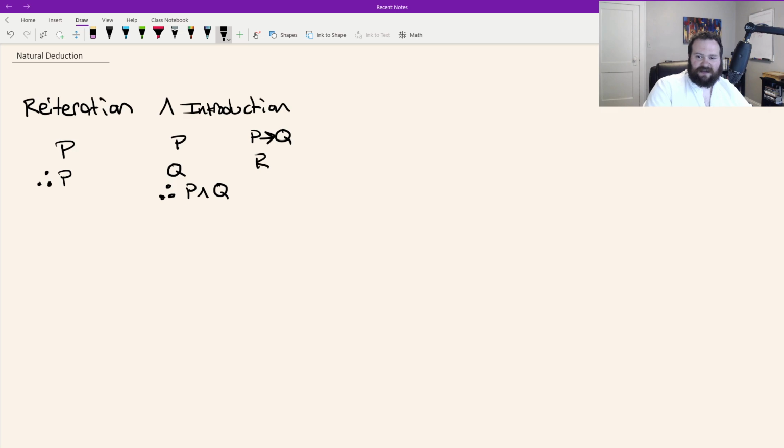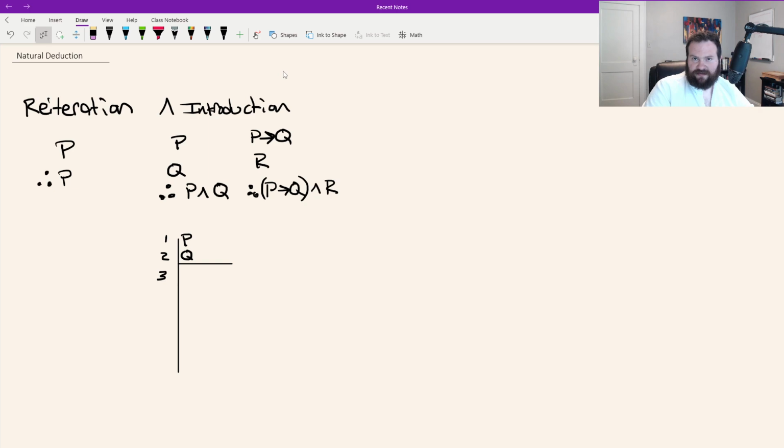Let's say if P then Q and R, and I want to prove if P then Q and R. So let's do both of these. We're going to start with our vertical line, then our horizontal line. Okay. And we're going to write our premises above this vertical line. So we have P and we have Q. That's 1 and that's 2.